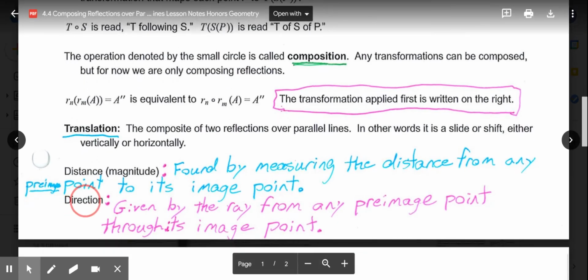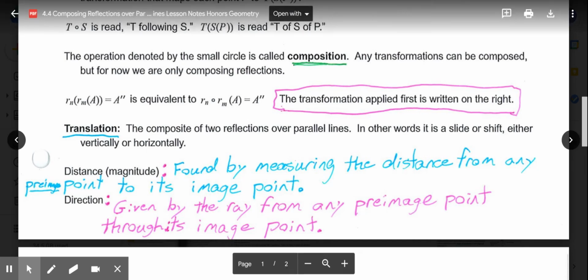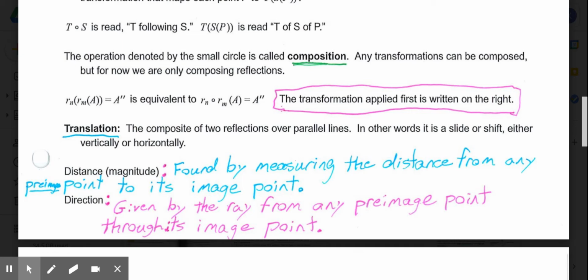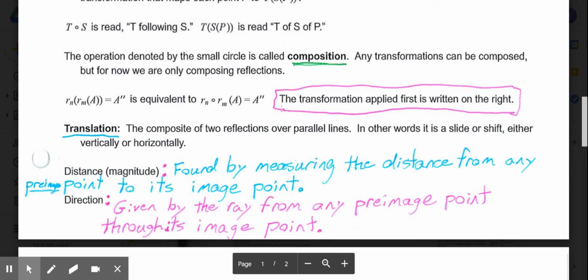Then the direction would be given by the ray from any pre-image point through its image point. So drawing a ray from a pre-image point through the image point gives us the direction of the translation.